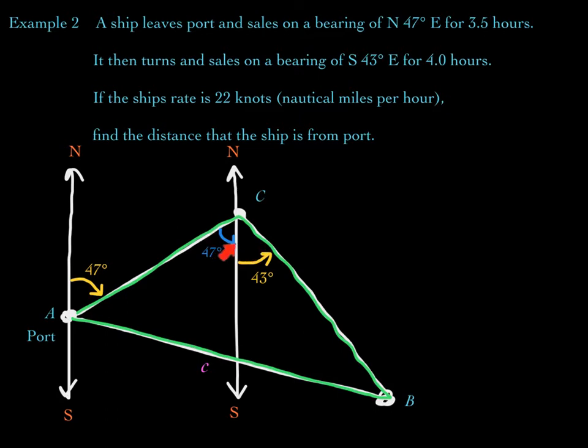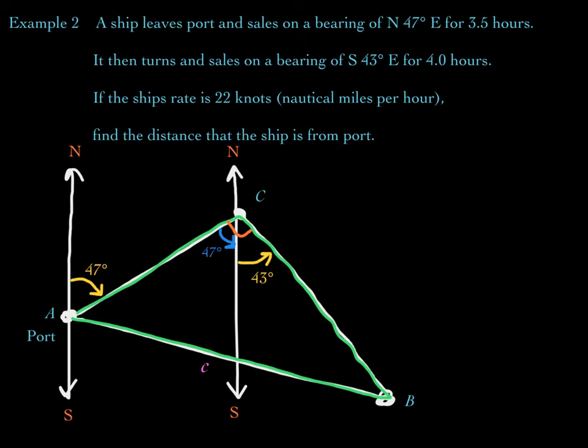That makes this angle right here, from one side of the triangle to this side of the triangle, 90 degrees. That's a right angle. We have a right triangle. Okay, there's my notation to denote that this is a right triangle because 47 plus 43 is 90 degrees.